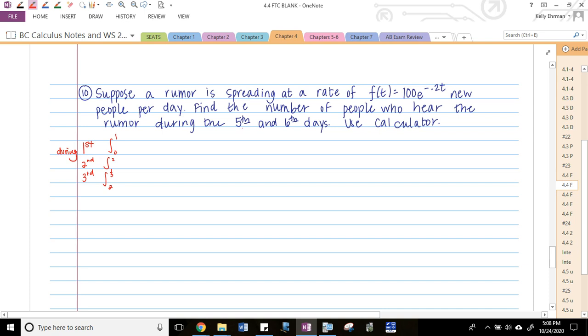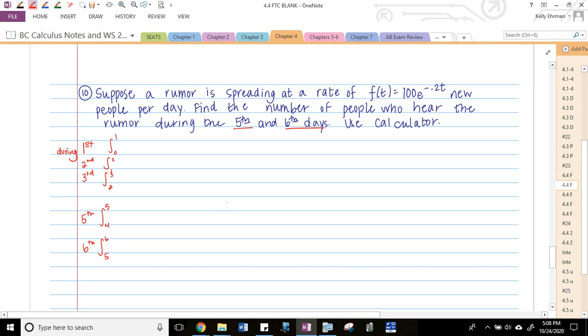So during the 5th and 6th days, the 5th day is going to be the integral from 4 to 5, and the 6th day is going to be the integral from 5 to 6. It's not just the integral from 5 to 6. So you just have to be careful there. The total integral should be from 4 all the way to 6.